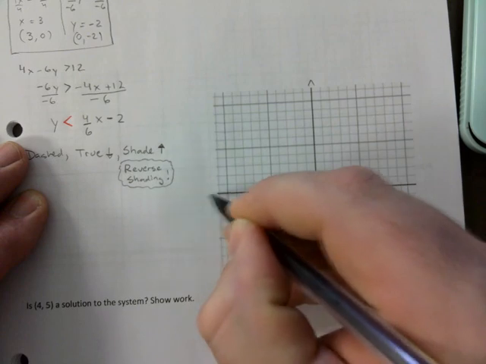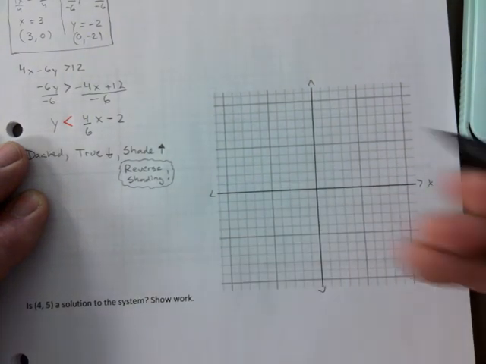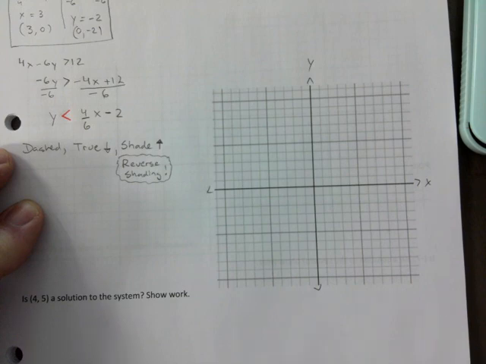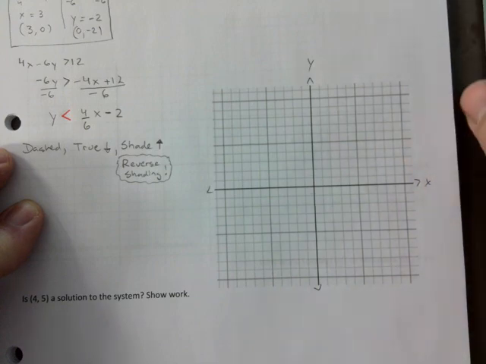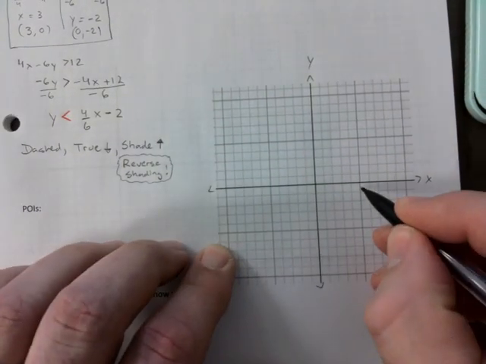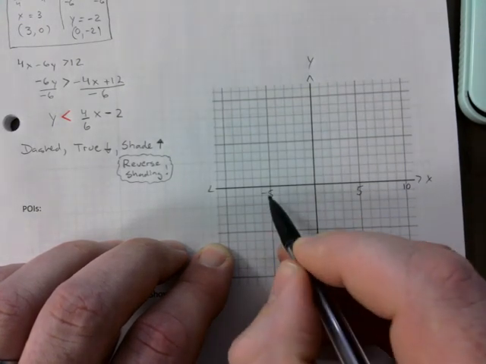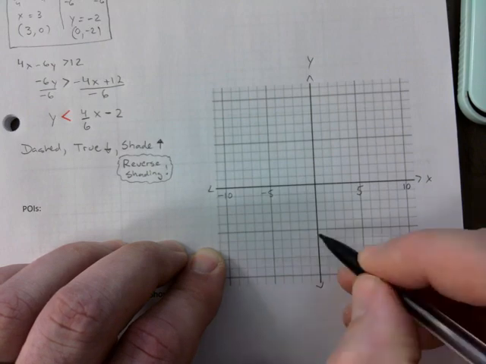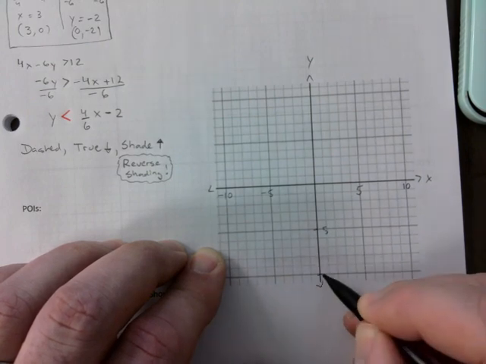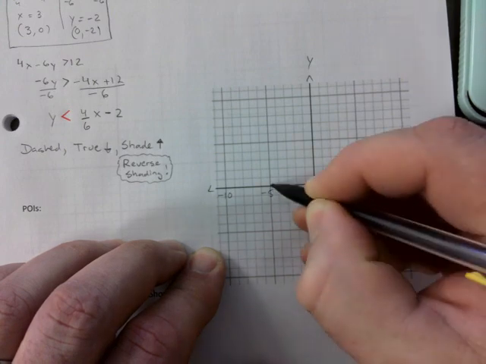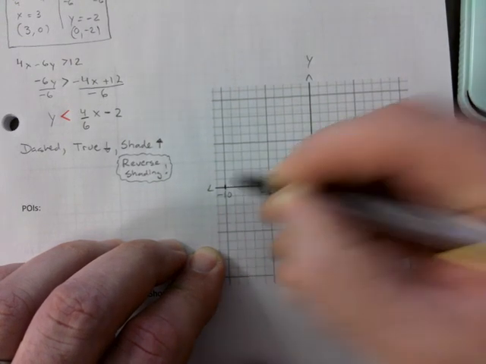Okay, so let's start here. X and Y. Don't forget about that. Sometimes I'll ask you to do it from scratch. A scale of 1 is pretty good. I should say, let's make sure we mark where we're putting those numbers, right?